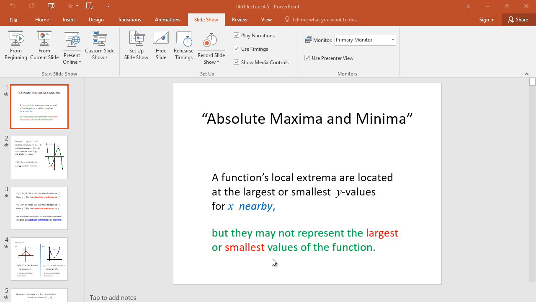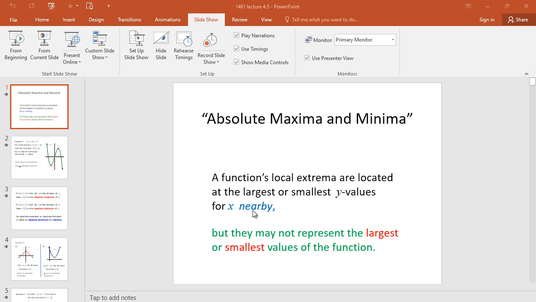And in contrast, we have local extrema, or local maximum and local minimum values. The local maximum and local minimum values are located at the largest or smallest y values for all nearby x.